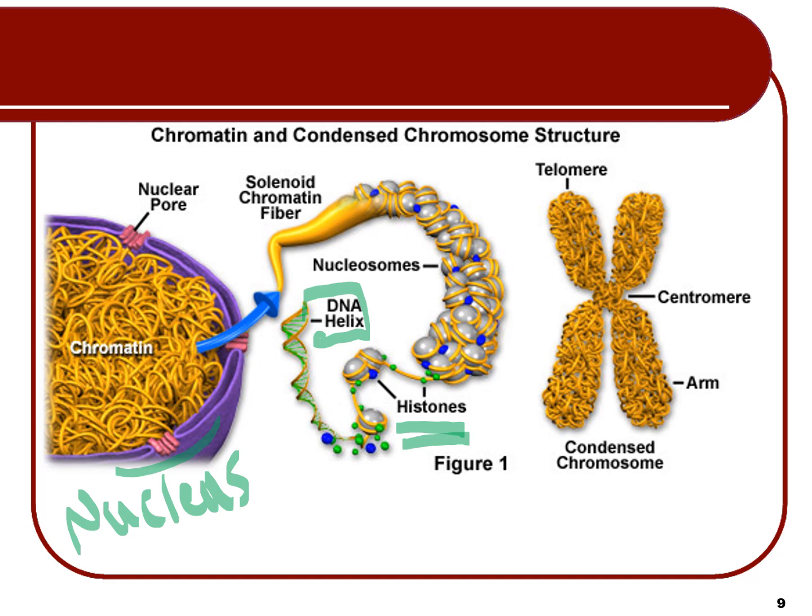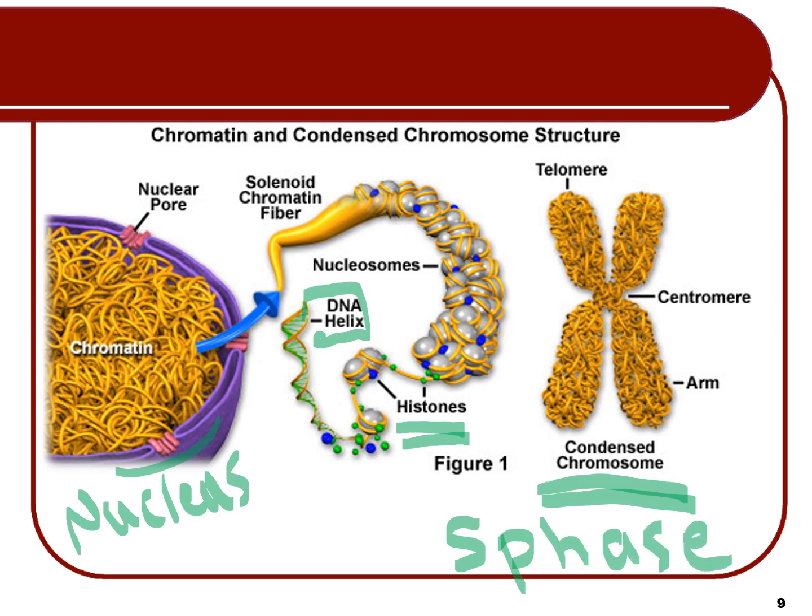When it goes to divide, that DNA becomes organized into something called a chromosome. And this is a picture of a chromosome. And this is actually a duplicated chromosome, because remember, during the S phase, you make a copy of all of your DNA. So this would have been one original chromosome.